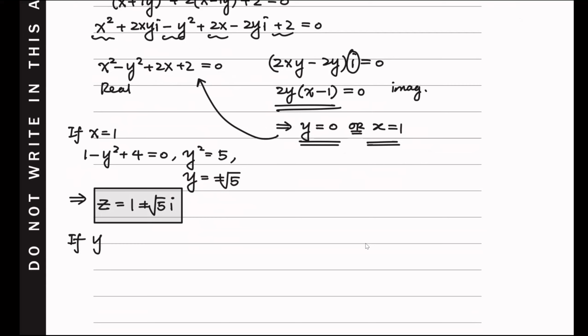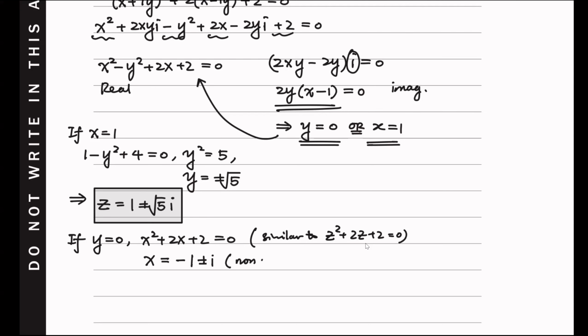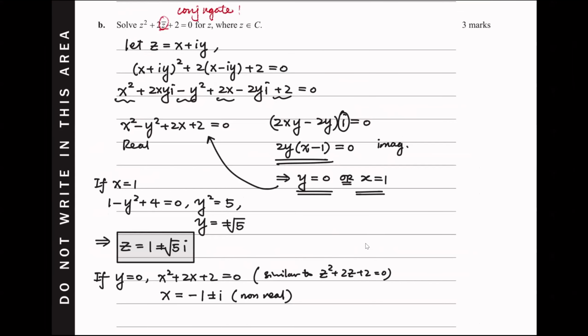If y equals 0, x squared plus 2x plus 2 equals 0. And this is very similar to z squared plus 2z plus 2 equals 0. It will result in x equals -1 plus or minus i. Non-real. Because in my setting out, I have an assumption that x, y values must be real numbers, okay?